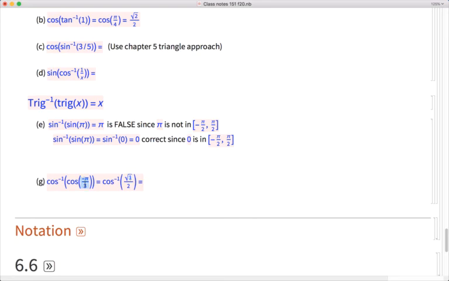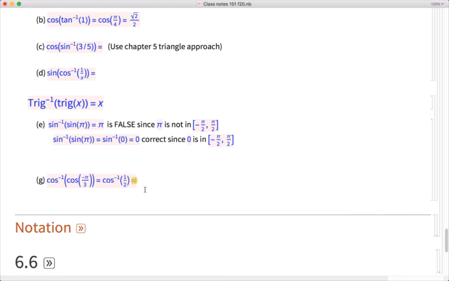This is a steep angle, so the x-coordinate should be small. Now we're looking for a number whose cosine is 1/2, and the one we choose, because it's in the correct interval, is pi over 3. All right, hopefully that's correct.